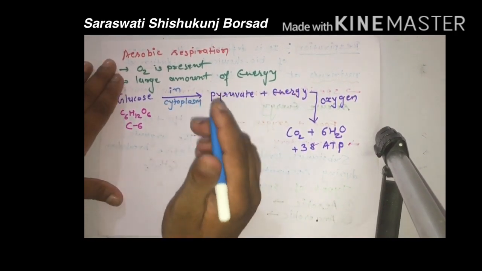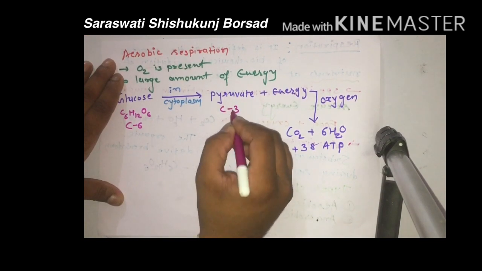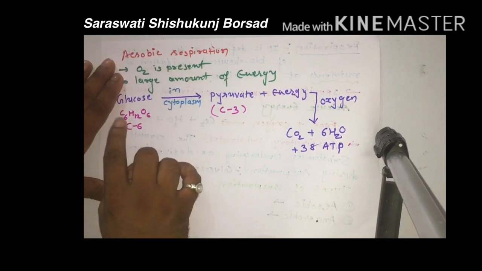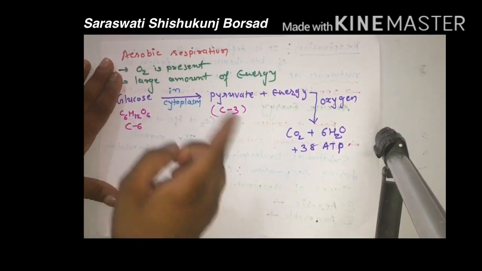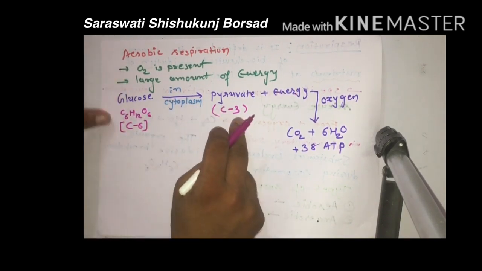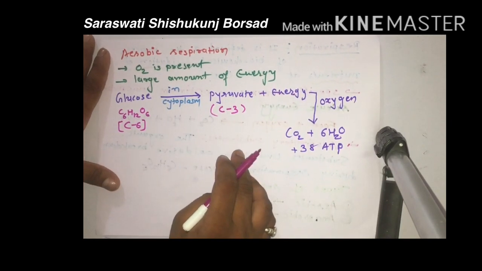And what is pyruvate? Pyruvate is C3, a 3 carbon containing molecule. So the 6 carbon molecule will be converted into a 3 carbon molecule, and the other 3 carbon will be in the form of energy.